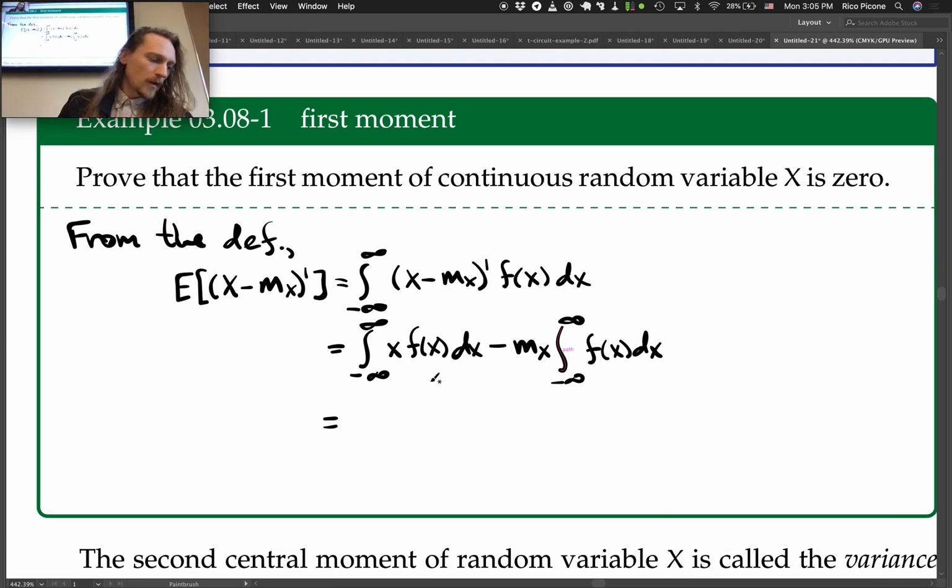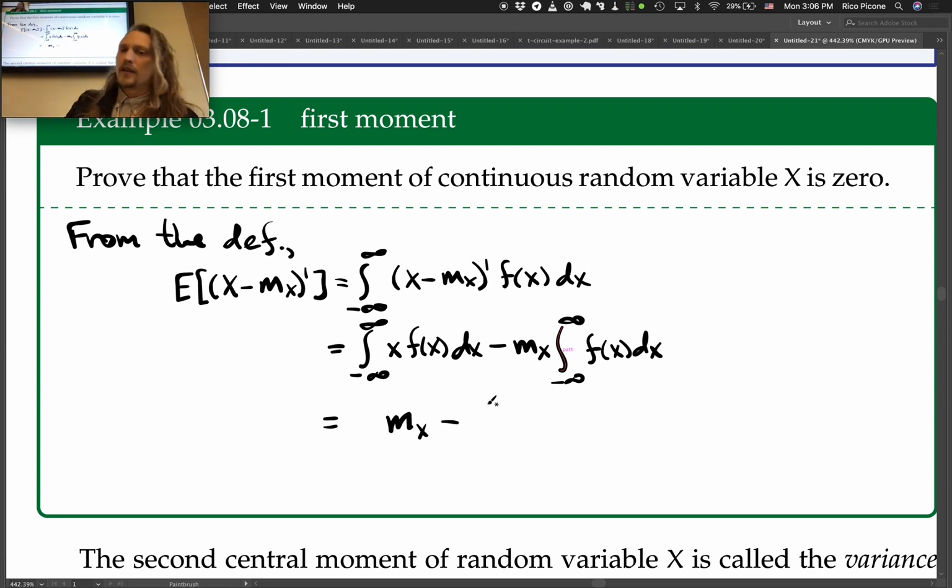Now, what we see here is that the first integral is, by definition, the expected value of x, which is what we defined our mean of x to be. The integral of a probability density function over its entire domain is equal to 1.